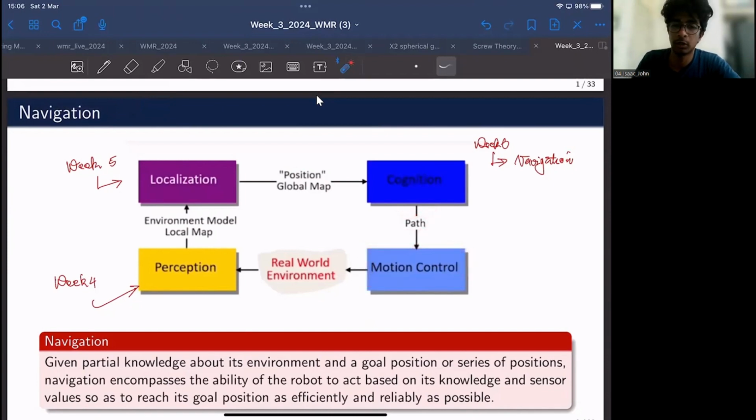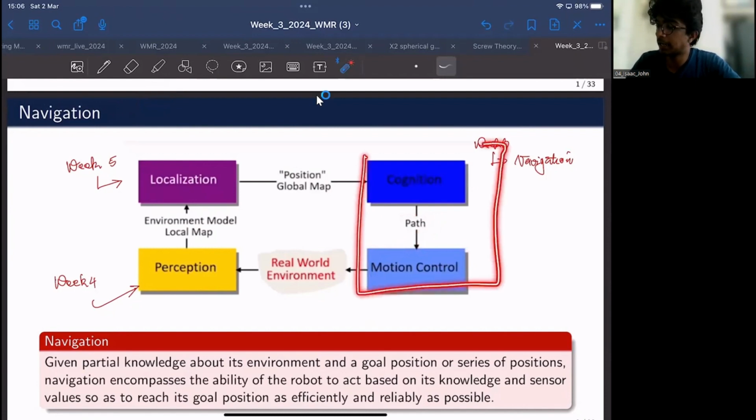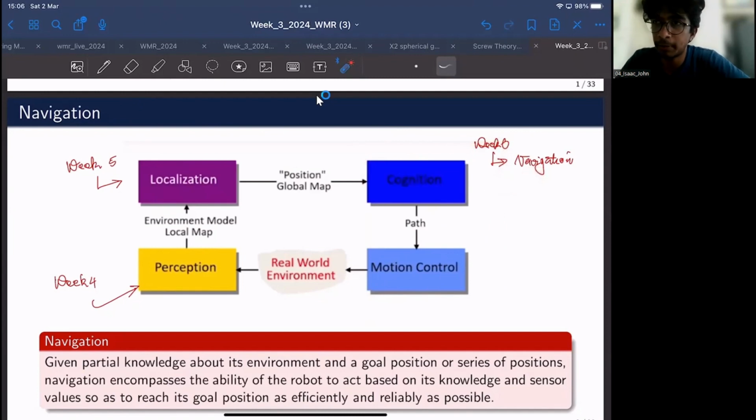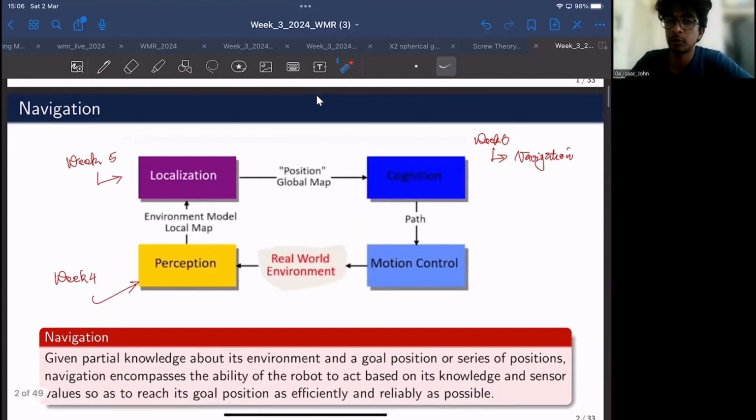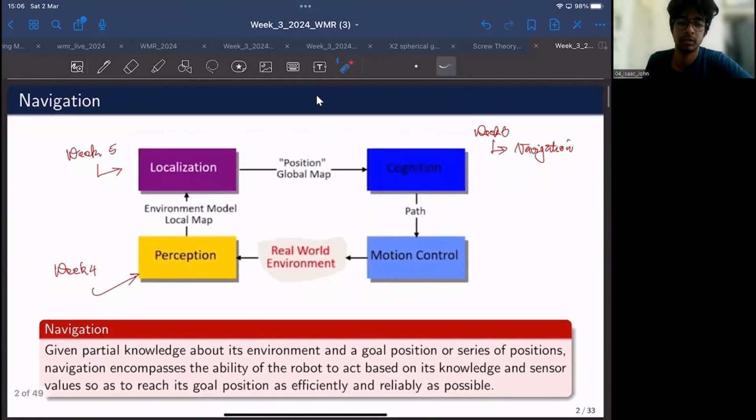All these processes we can call under an umbrella term called navigation, right? To choose an optimal path, and then further to give the right control inputs to the actuators, so that it will take the robot from its current position to the final goal position.